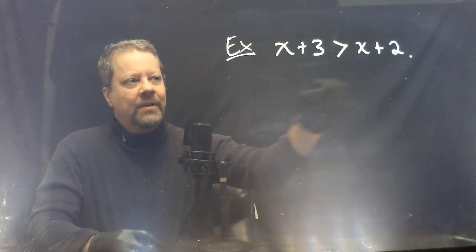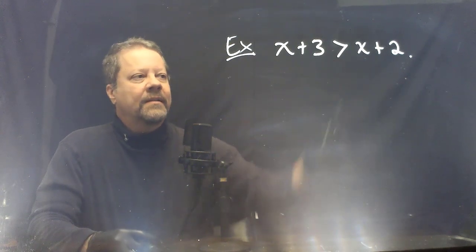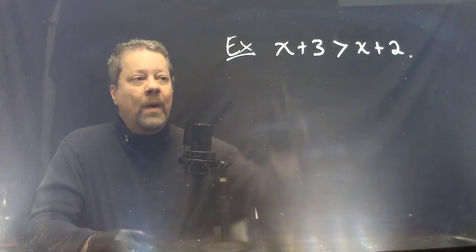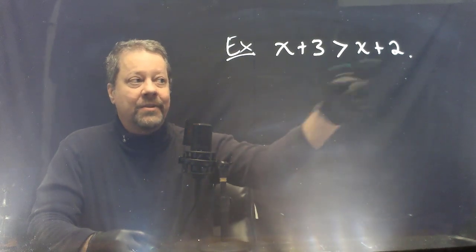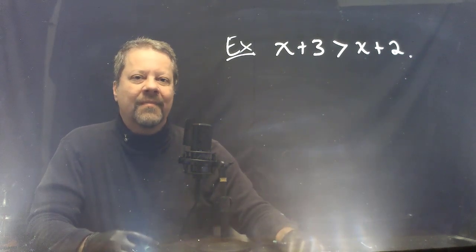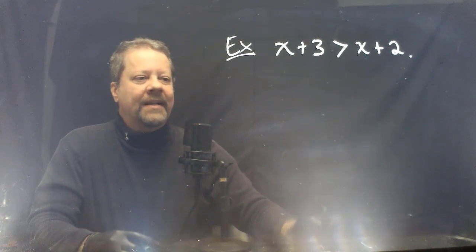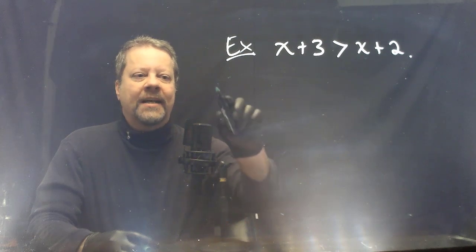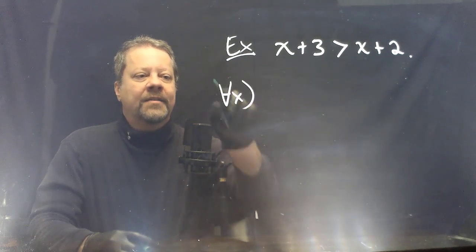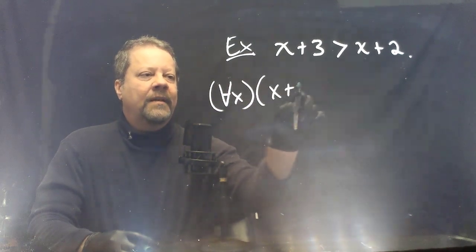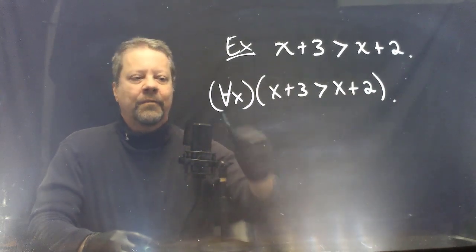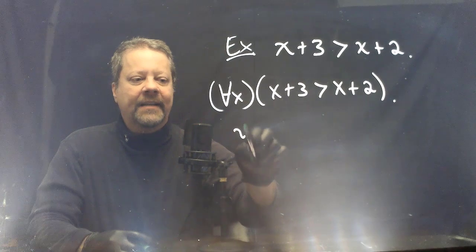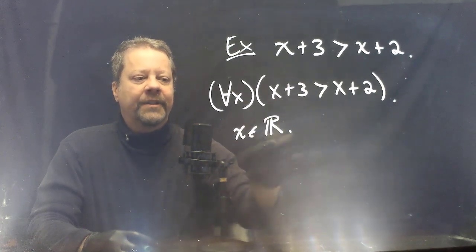But surely, for real numbers, this should hold no matter what number you plug in for x, because if you subtract x from both sides, you get 3 is greater than 2. That's always true. So the value of x really doesn't matter. So we can express this as, for all x, x plus 3 is greater than x plus 2. And here we're assuming that x is in the domain of real numbers.